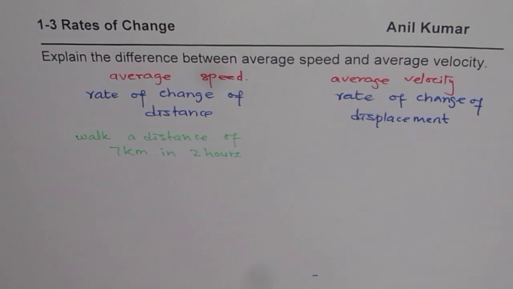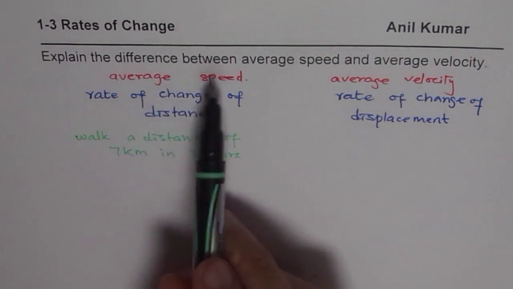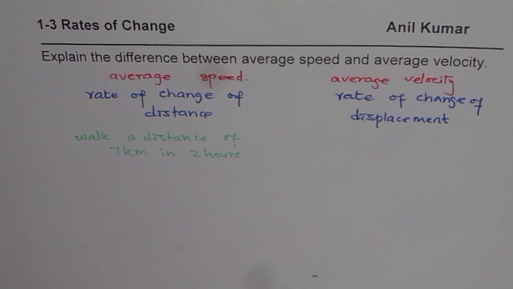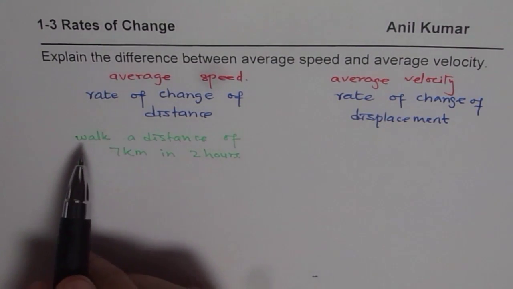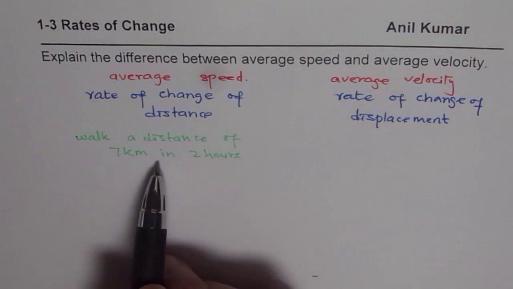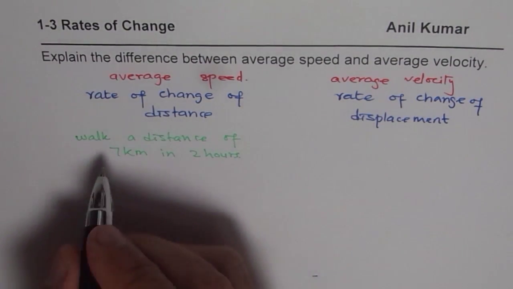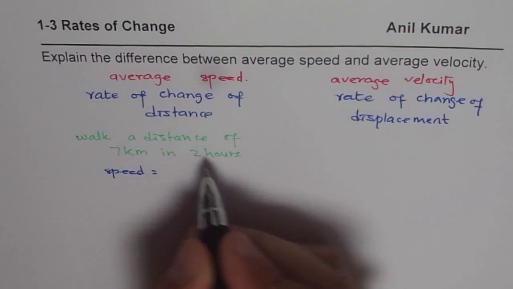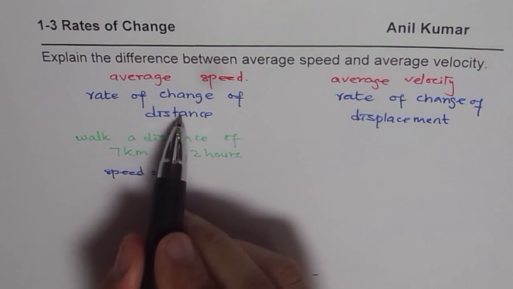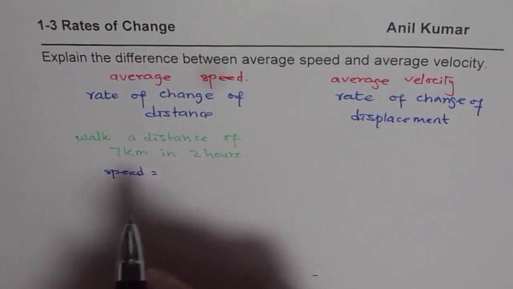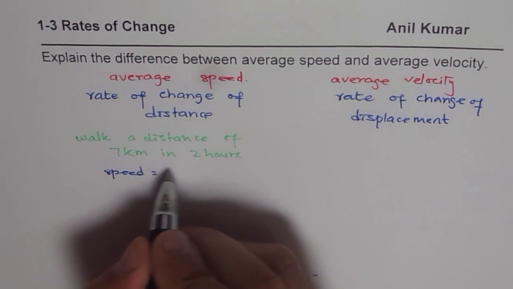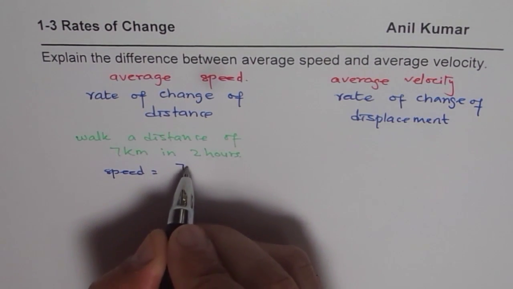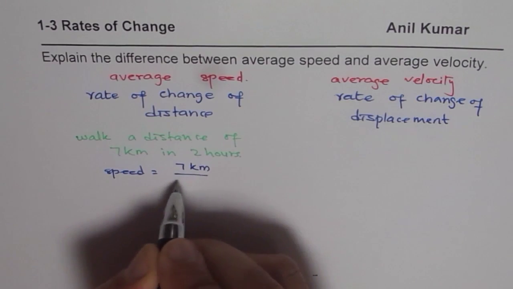So if you walk 7 kilometers in 2 hours, then what is the average speed? Here, average speed will be equal to distance divided by time taken, because the change in distance is 7 kilometers. So we say change in distance over change in time, 7 kilometers over 2 hours.